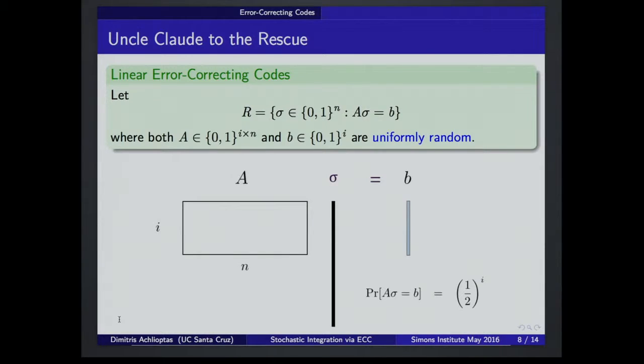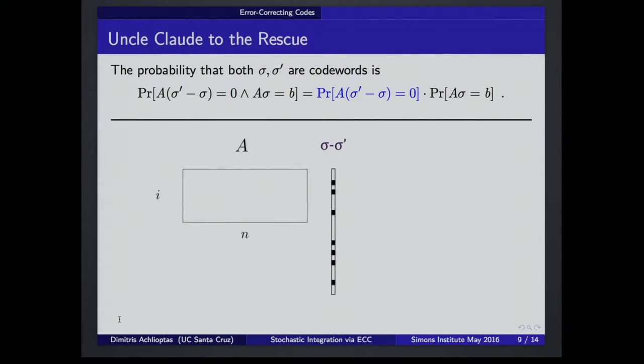For pairwise independence, the proof is not significantly more complicated. Observe that the probability that both sigma and sigma prime are elements of the solution set is the probability that, basically, sigma solves the system, and then the product of sigma prime with A is the same as that of sigma.